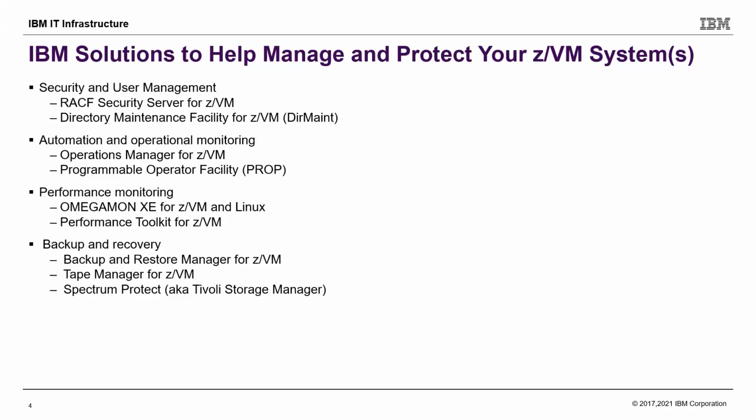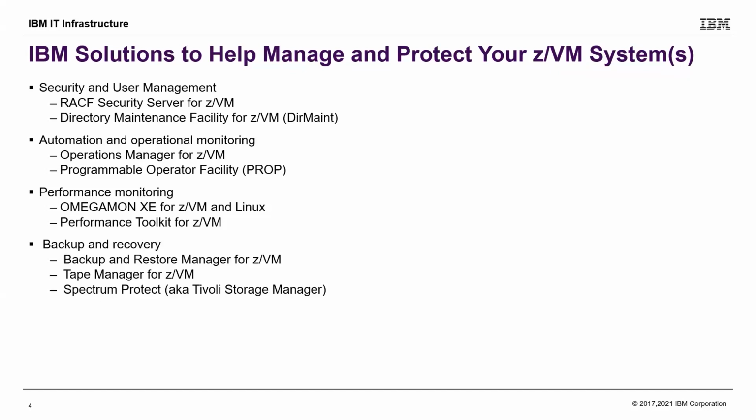RACF is our security manager. DirMaint is a directory manager. For automation, Operations Manager for z/VM is probably the most robust thing out there. There's also the Programmable Operator Facility, or PROP, which is built into z/VM. It requires some programming, but you can automate some things with that.